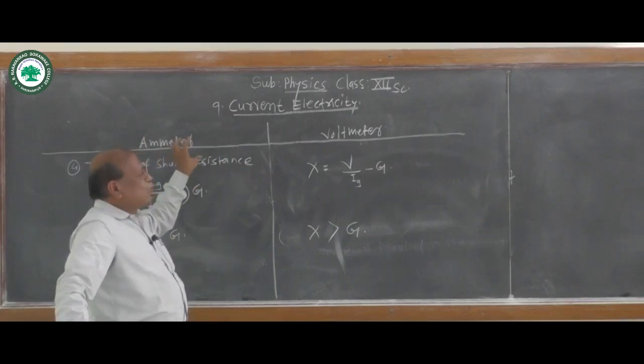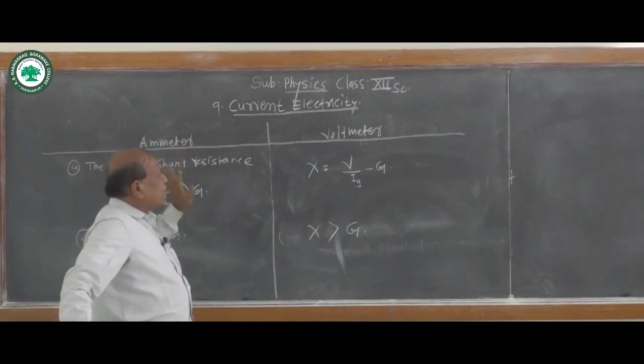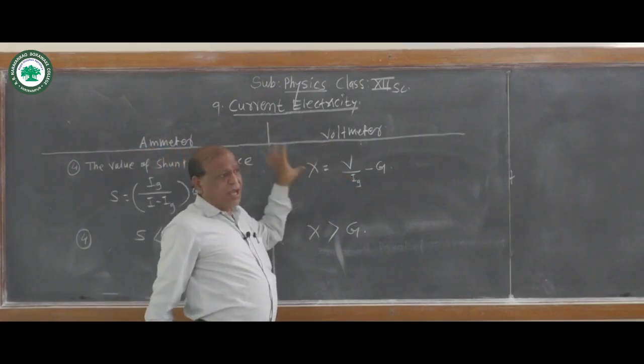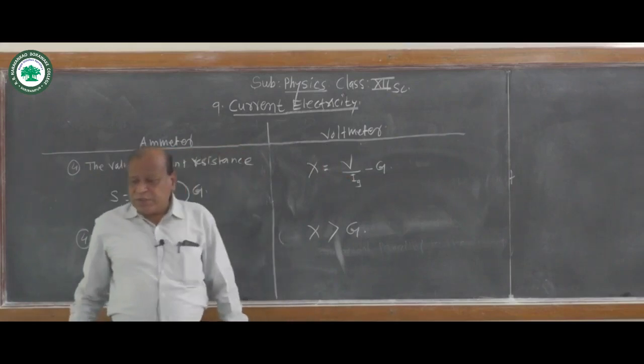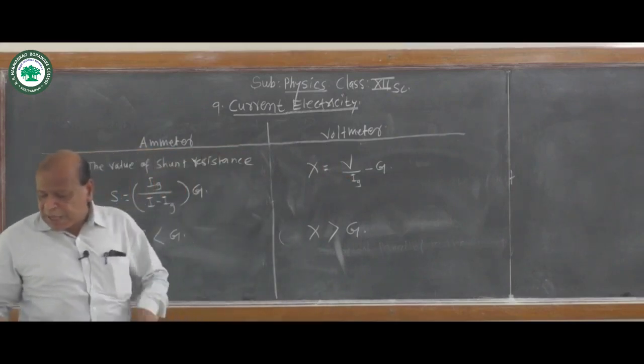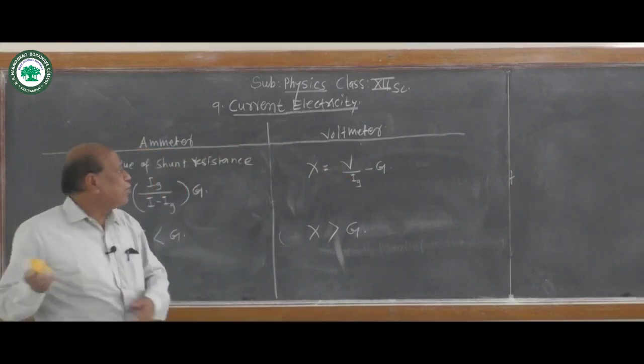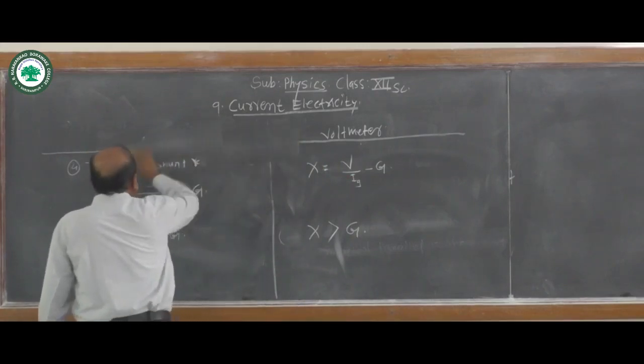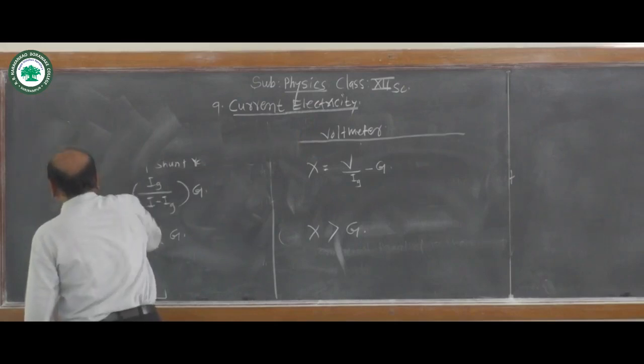How to convert the moving coil galvanometer into an ammeter, how it is converted into a voltmeter, and how to distinguish between ammeter and voltmeter.